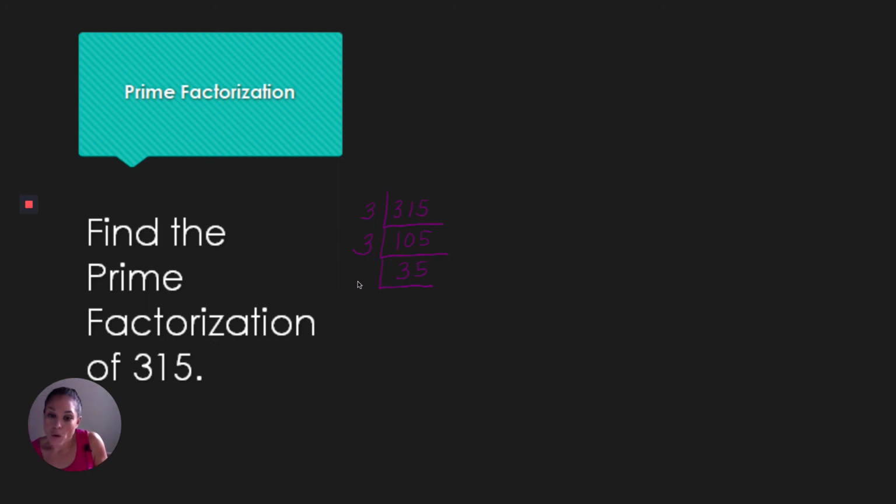So let's go into 5. 5 goes into 35 7 times. My answer is 3 times 3 times 5 times 7. 3 squared times 5 times 7 is my answer.